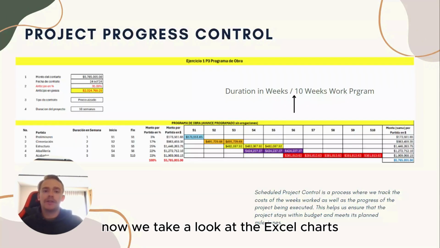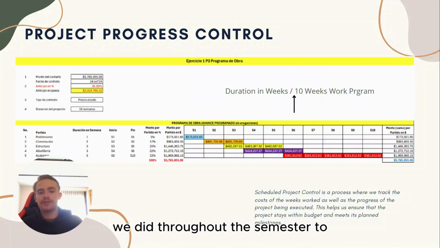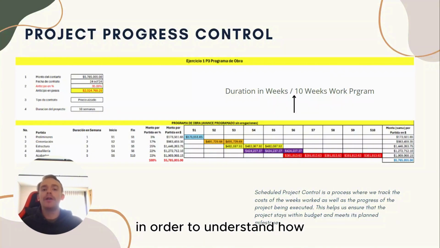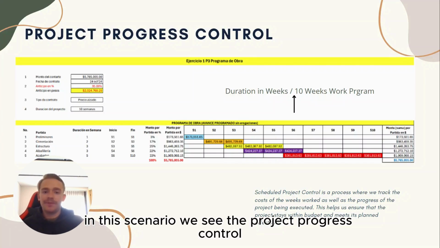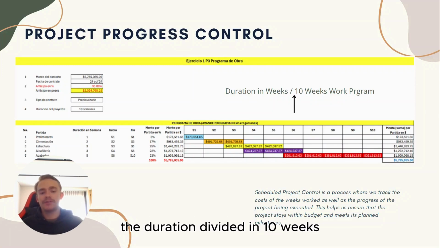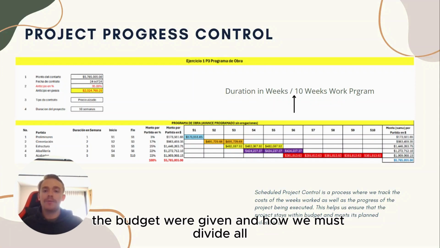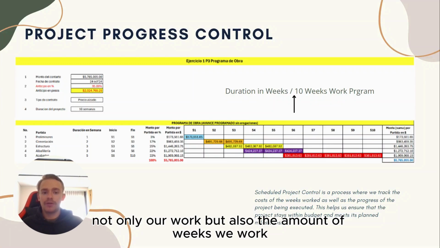Now we take a look at the Excel charts we did throughout the semester in order to understand how the workflow should be organized. In this scenario, we see the project progress control, the duration divided in 10 weeks, the budget we're given, and how we must divide not only our work, but also the amount of weeks we work.